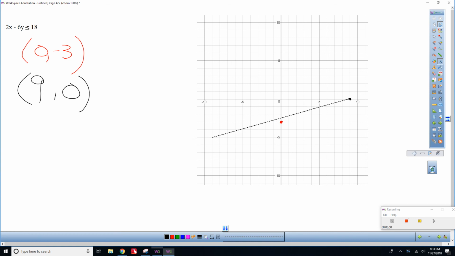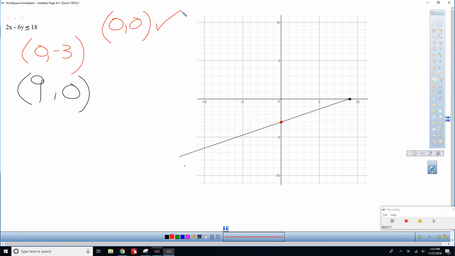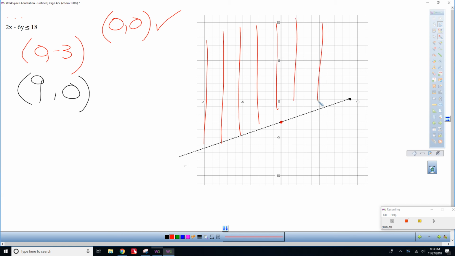Still a dotted line. Now let's test the point 0, comma 0 to see if it works. Is 0 minus 0, is 0 less than 18? Yes, it does work. Okay? So that means that we must be shading all of the points above this line.